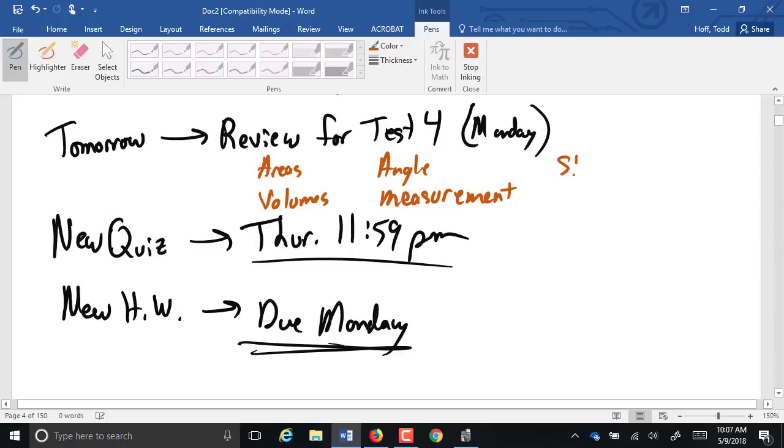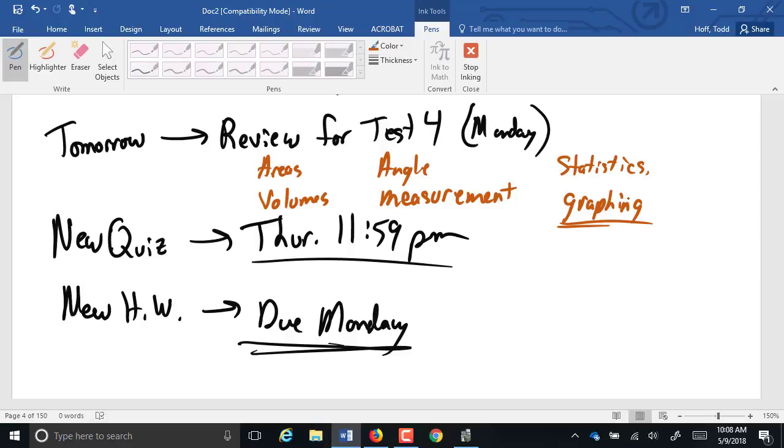Then, of course, we had the statistics that we've done in the last few classes. And then the graphing, graph the line or make the table, plot the points.